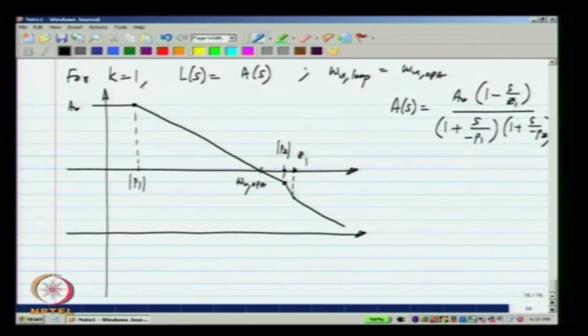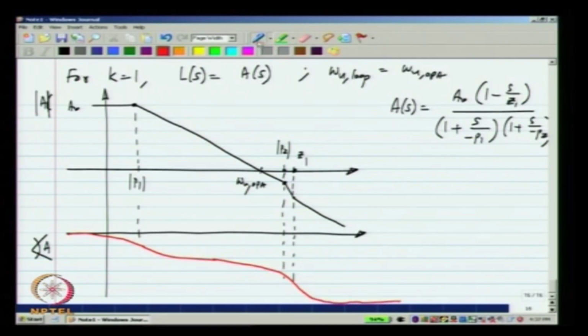For that, this is the magnitude of A, we plot the angle of A, which is also the angle of loop gain in this case. So, in our case we have a right half plane 0.